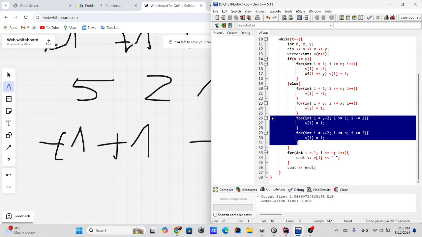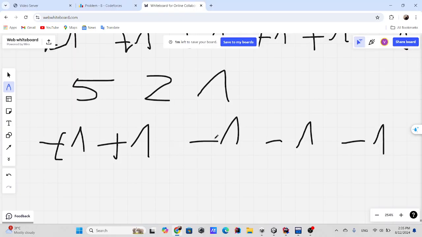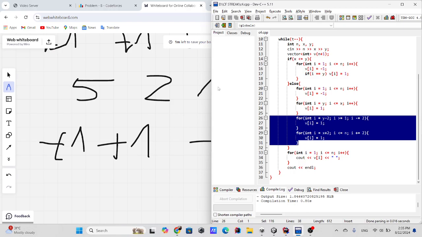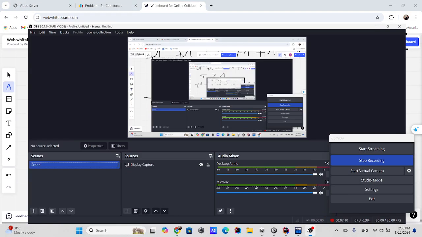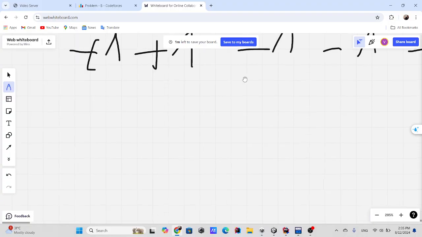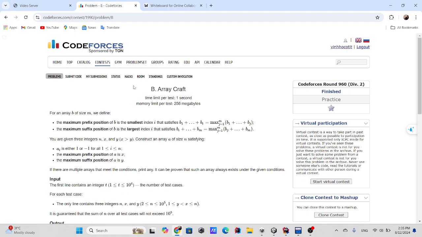Maybe if I write it down I will understand it better, and maybe when I speak I can't really express myself well. So if you don't understand this question after reading my code, please let me know in the comments. Sorry for wasting 7 minutes of your life, and I'm very sorry about it. But let's try to do some problem today.